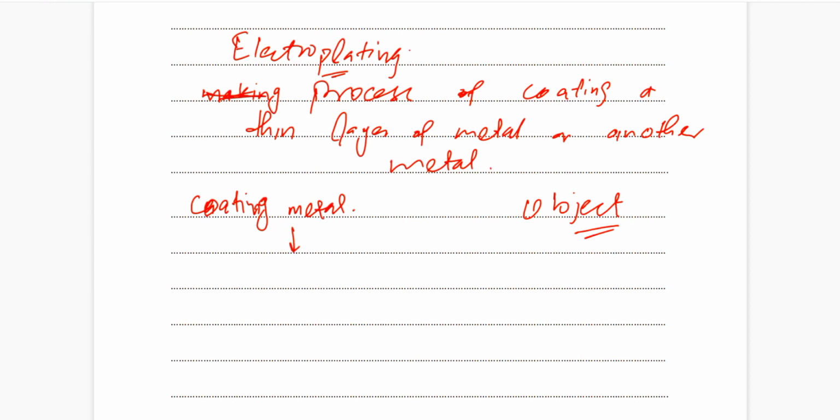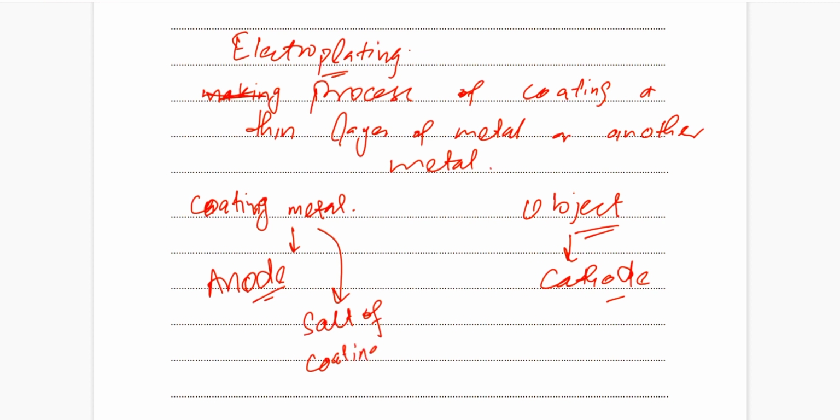The coating metal is made the anode, and the object is made the cathode. The salt of the coating metal is taken as electrolyte.